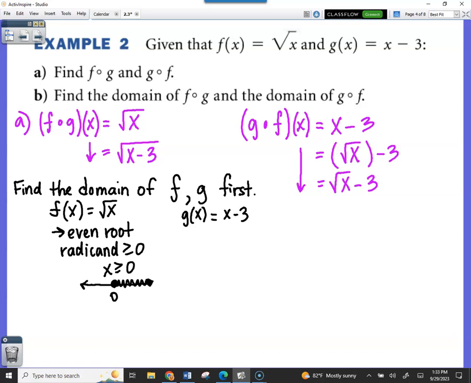What type of function is that? It is linear, which means the domain is all real numbers, because linear functions have no restrictions. You can plug any number you want into a line and you're going to get an answer.